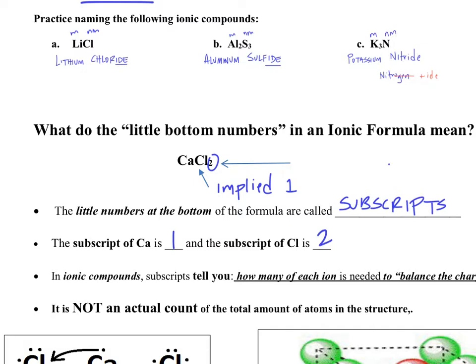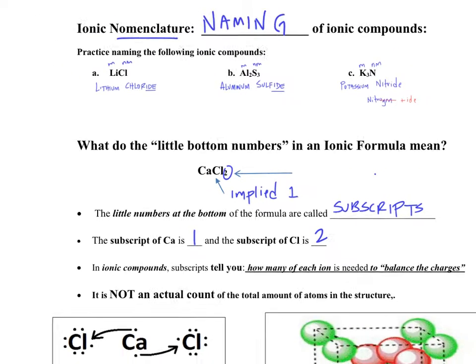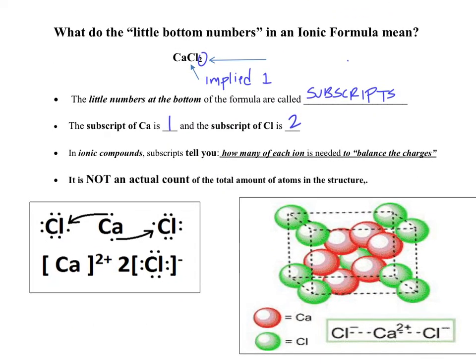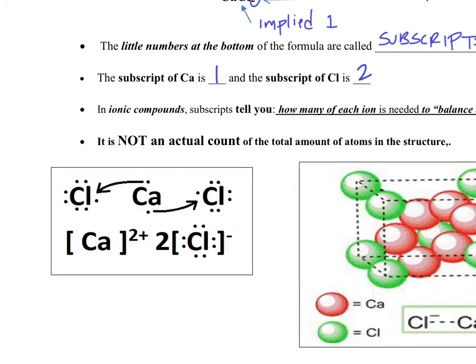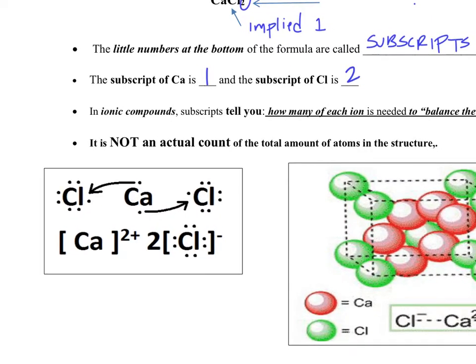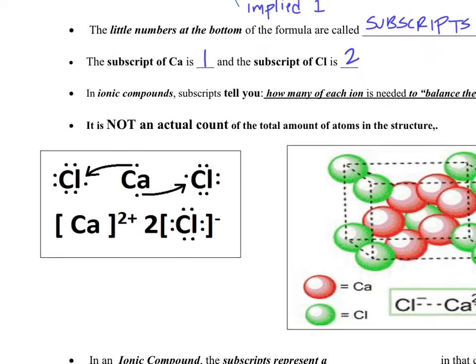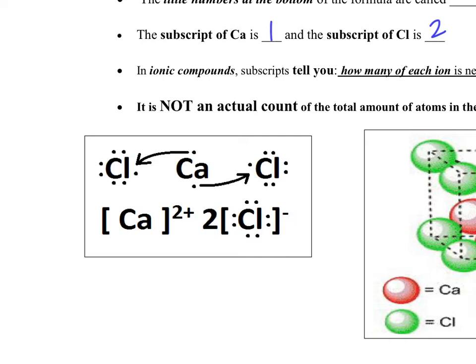So in ionic compounds, the subscripts tell you how many of each ion is needed to balance those electrons, or to balance the charges. Okay? It's not an actual count of the total atoms, it's a ratio. So when I look over here at this example of the figure down at the bottom, I've got a calcium atom and 2 chlorine atoms.